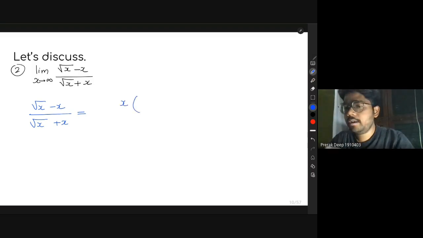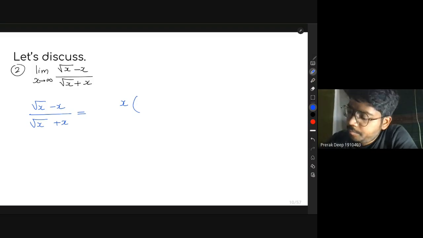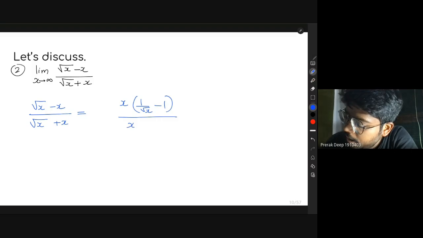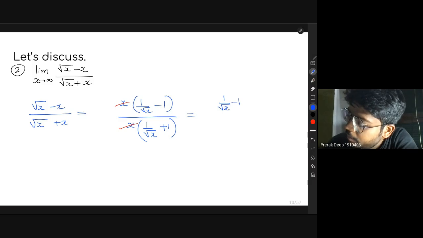We take the higher degree term common. So it will be 1 over square root of x, correct, minus 1, divided by x, again 1 over square root of x plus 1. This x and x get cancelled, so we are left with 1 over square root of x minus 1, over 1 over square root of x plus 1.